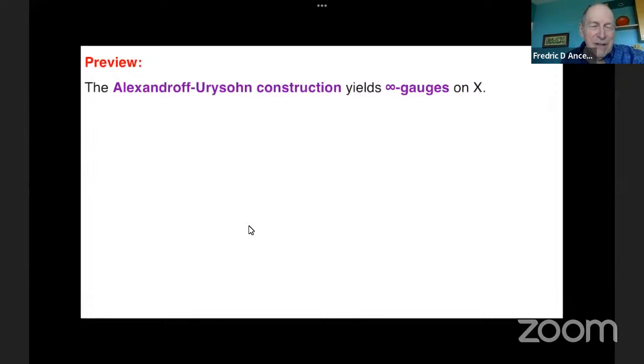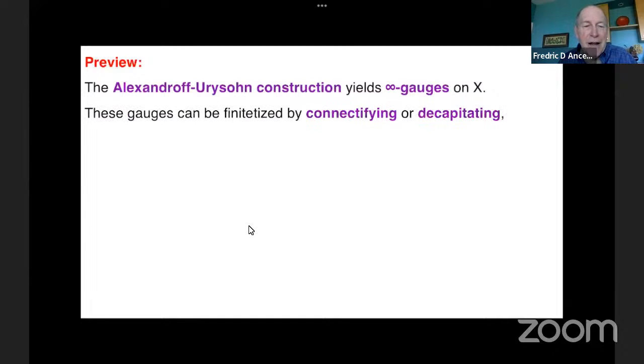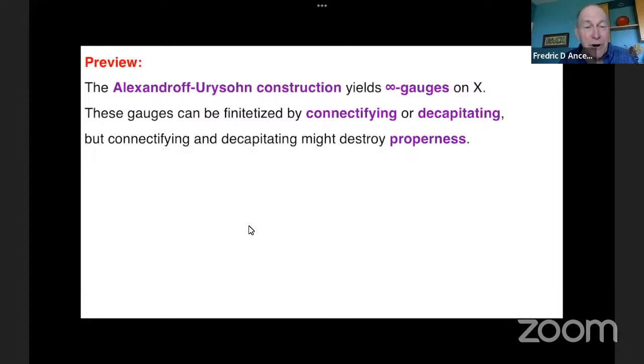Okay, so here's what I call a preview. Suppose I want to construct proper gauges on a space. Well, I can start off using that Alexandrov-Ursin method to get infinity gauges, but I could make these gauges finite valued by using these techniques, but that might destroy properness.